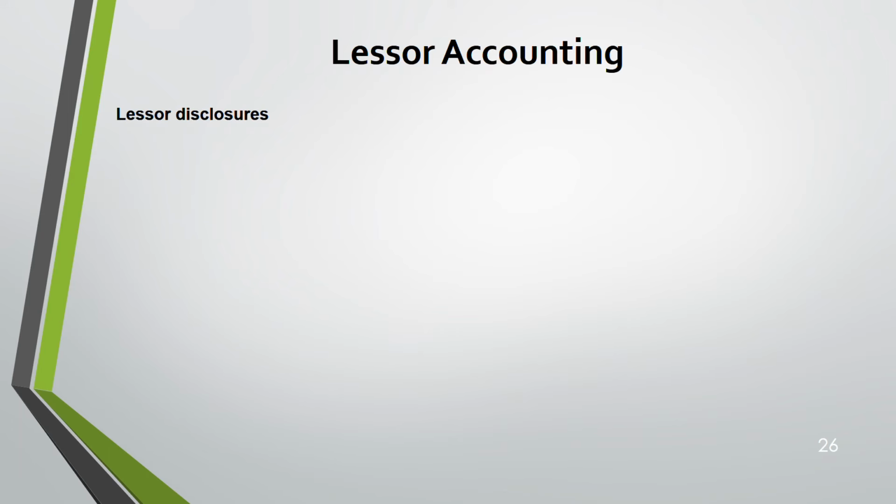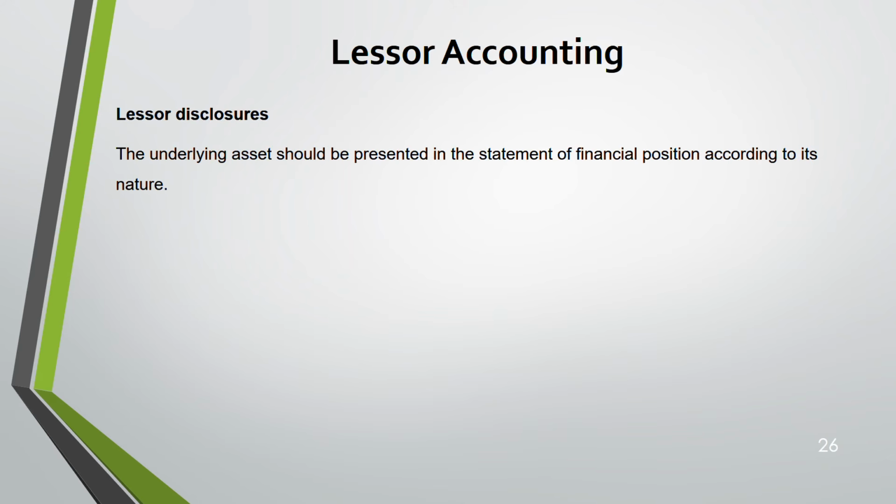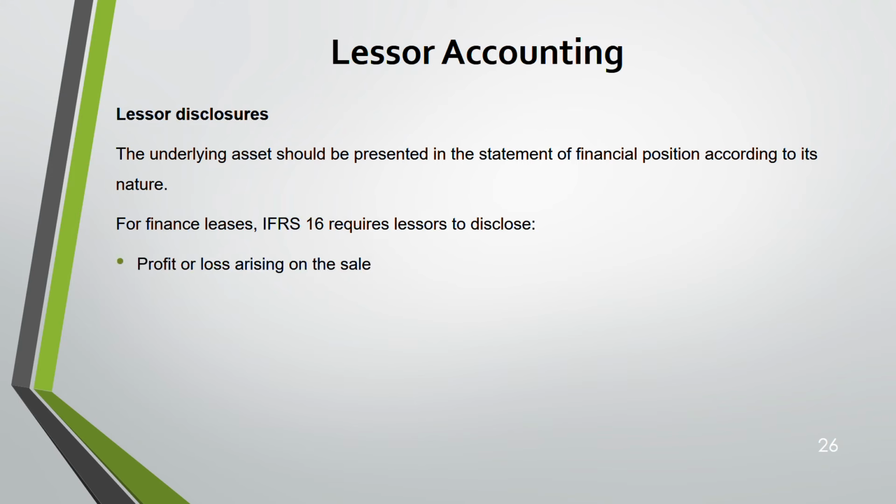Lessor disclosure. For the lessor, the disclosures are these. They have to present in the statement of financial position according to the nature of the lease, whether it's an operating or a finance lease. For finance: profit or loss arising on the sale, because a finance lease means you are ultimately transferring the ownership to the lessee, so the lessor has to calculate a profit or loss on the sale.